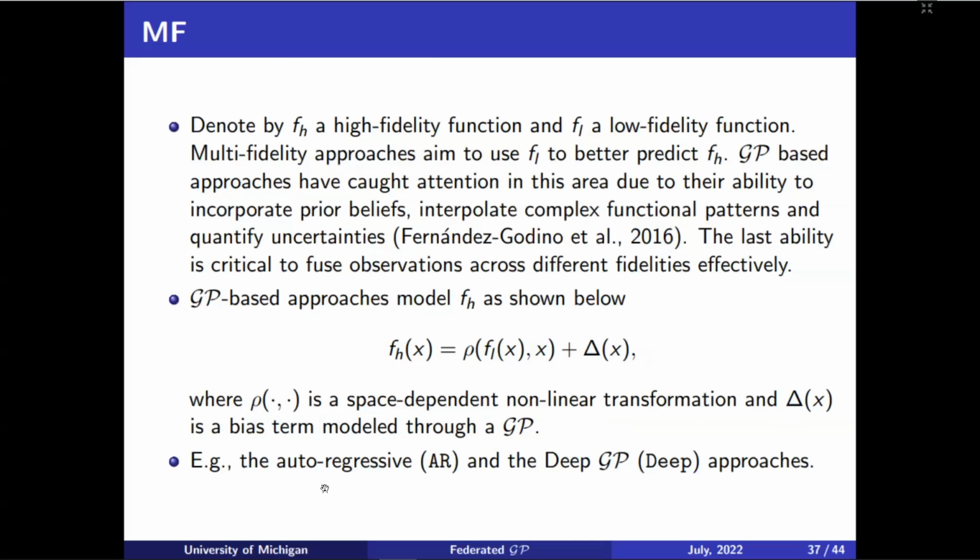For example, the autoregressive Gaussian process models this term as a linear product between the constant rho and the low-fidelity function. And the deep Gaussian process uses a more complicated approach, where it models this rho function as a deep neural network using the Gaussian process.